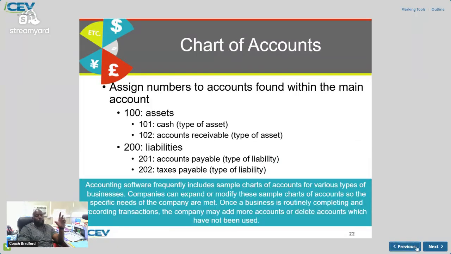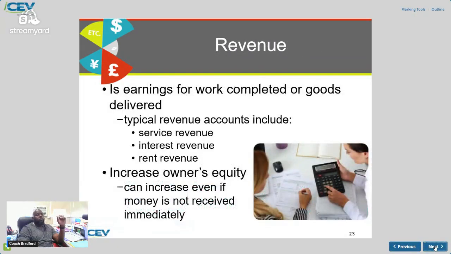All right. Now, revenue. Revenue is earnings for work completed or goods delivered. Okay. This could include service revenue, meaning I received the money for doing the service, cutting grass, cutting hair.